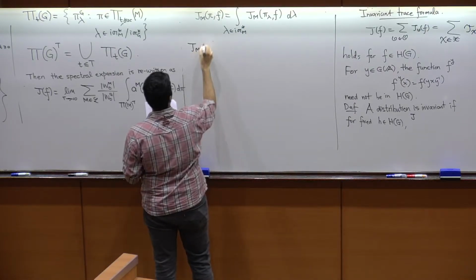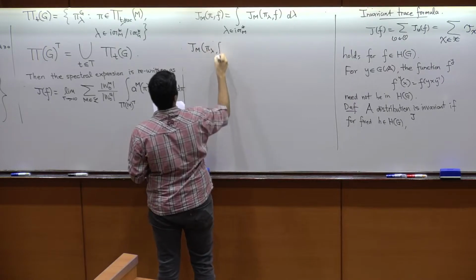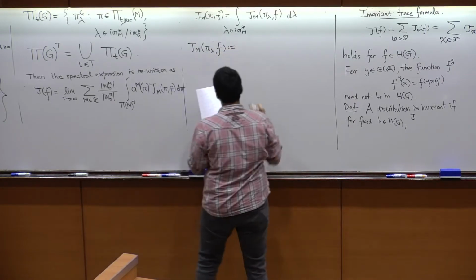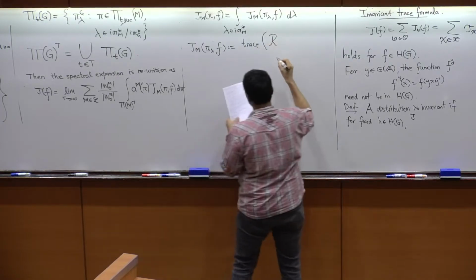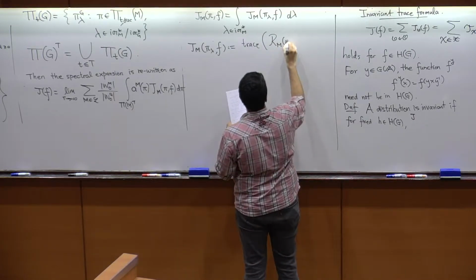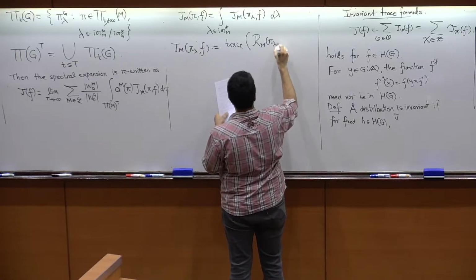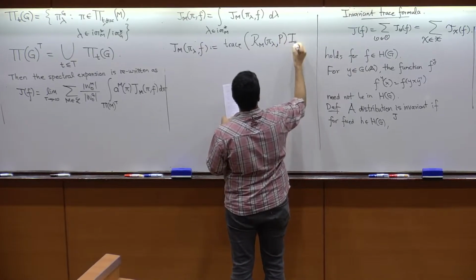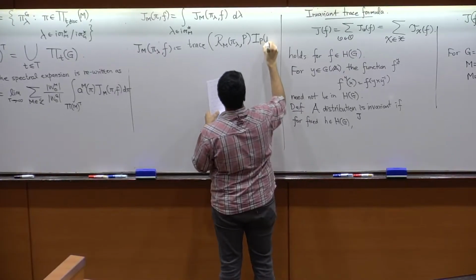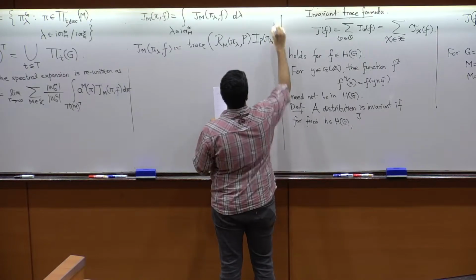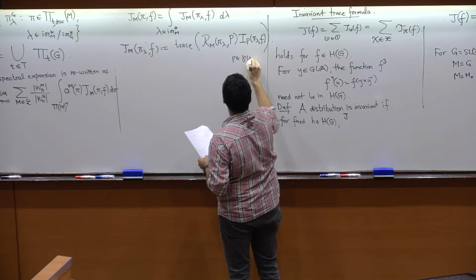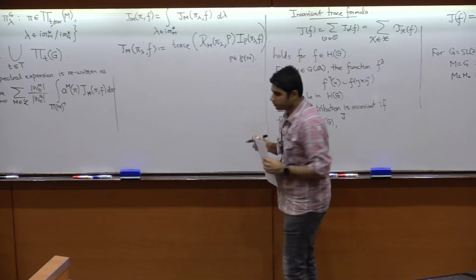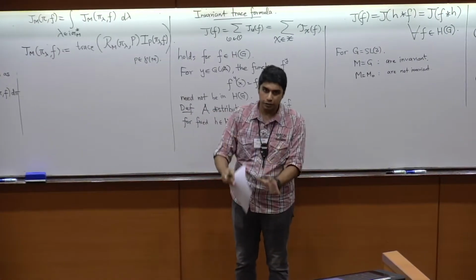And J_M(pi_lambda, f) is the trace of R_M(pi_lambda) I_P(pi_lambda, f), where P is in P(M). Now you have the intertwining operators.